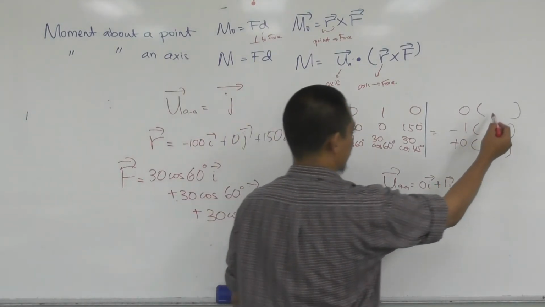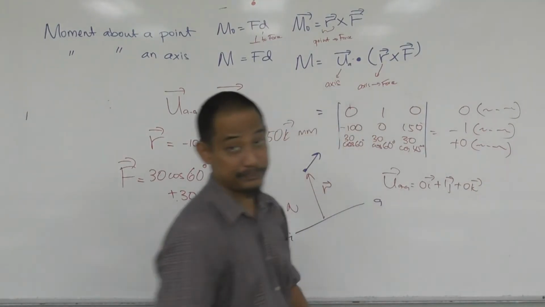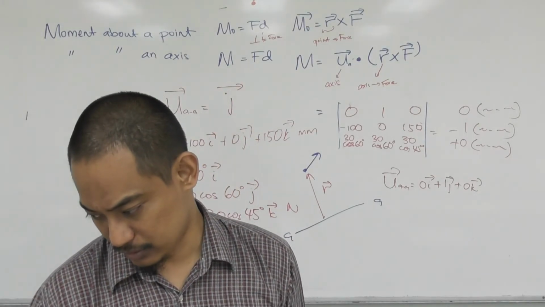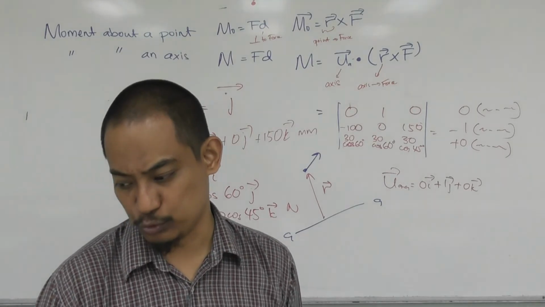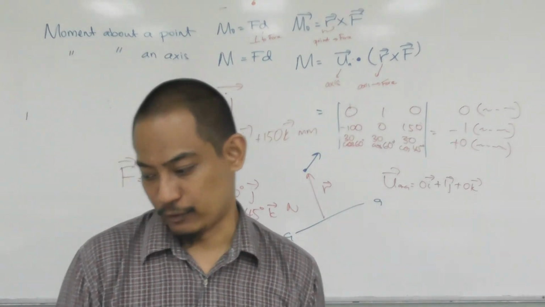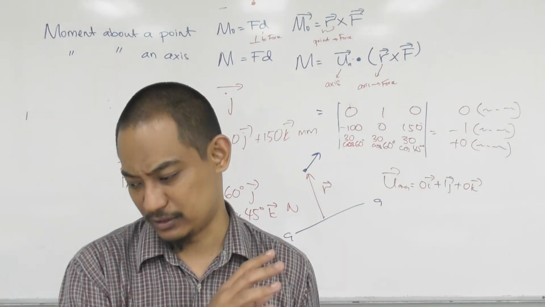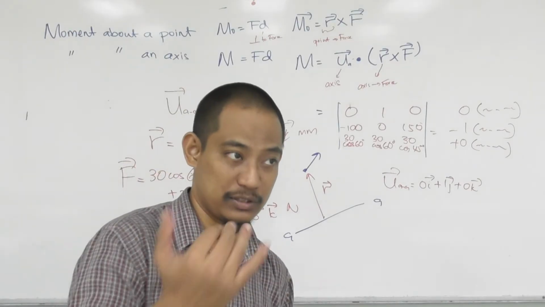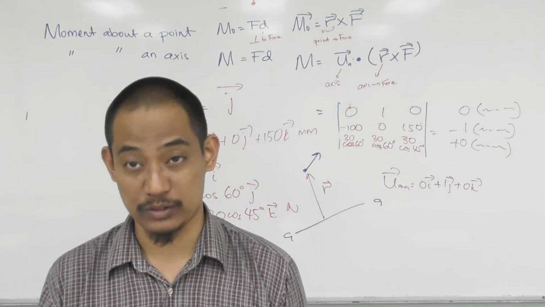And of course you have the bracket here, something minus something, something minus something, something minus something, and then you solve, right? And you have the answer that if you use U_A equal to j, you get the answer of 4.37 Newton meter, or in our case it will be 4,700-something Newton millimeter, right? So it means the rotation in your thumb is j, right? Because it's positive.